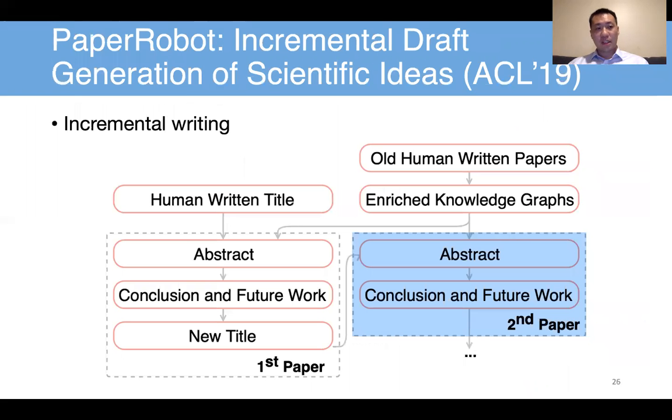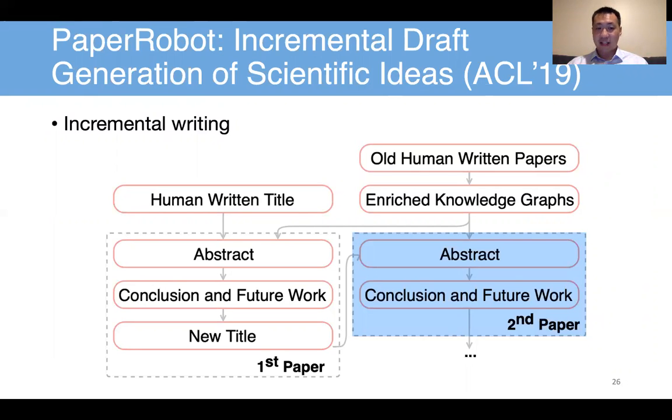The second work is called Paper Robot, which was accepted in ACL 19. What they do is try to generate ideas from the existing work and incrementally write the new idea as a second paper, as a new paper. So they first study how humans write papers, right?